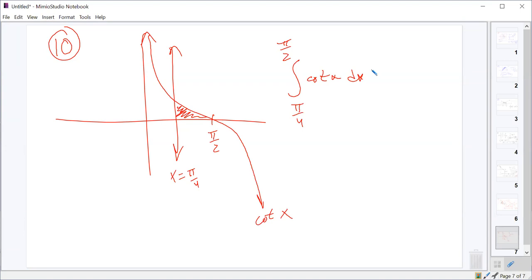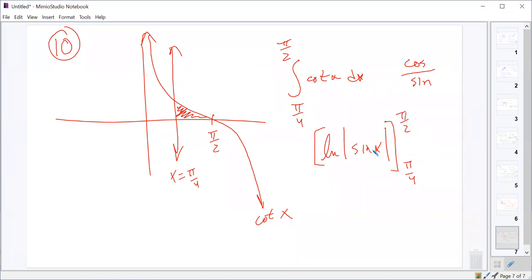Okay, so then from there, integrating cotangent x. I told you guys, we did this one way back when, but you can memorize it or you can just remember that it's a u sub. Cotangent is cosine over sine. So if you let u equal sine, du is cosine. And so this just becomes du over u, or natural log absolute value of sine x from pi over 4 to pi over 2.